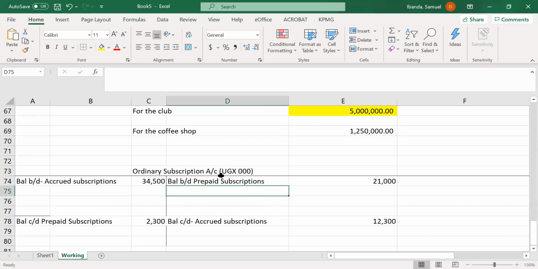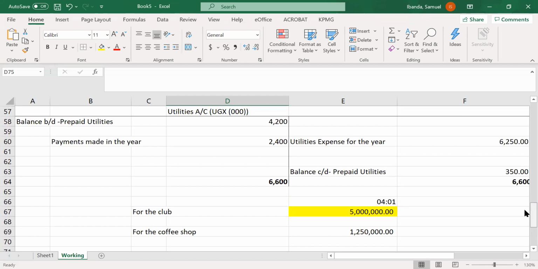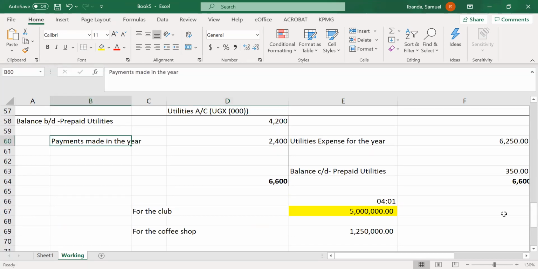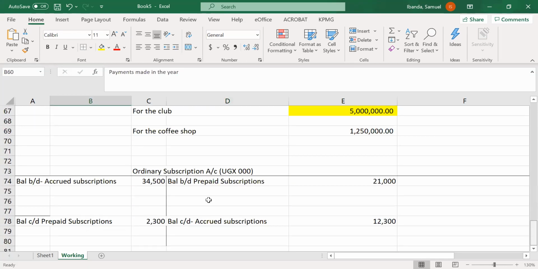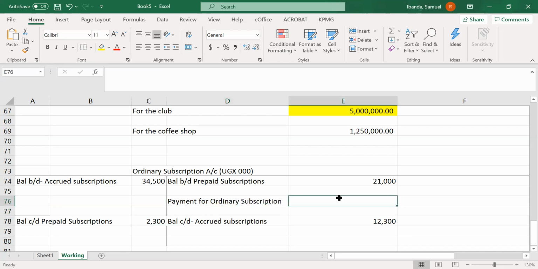So payments are supposed to be recorded. Remember, ordinary subscriptions is an income account. We saw that for expenses, payments were put on the debit side. In this case, payments for incomes are put on the credit side. Payments for subscriptions. And this is ordinary subscriptions. We need to continually distinguish the two things.